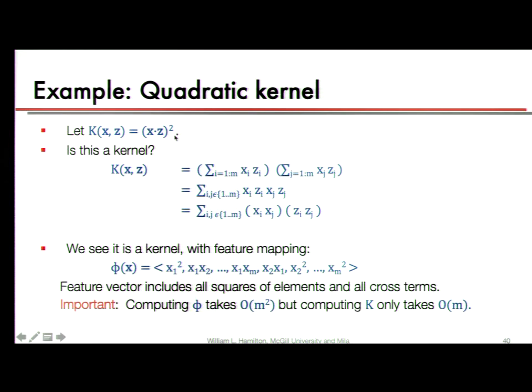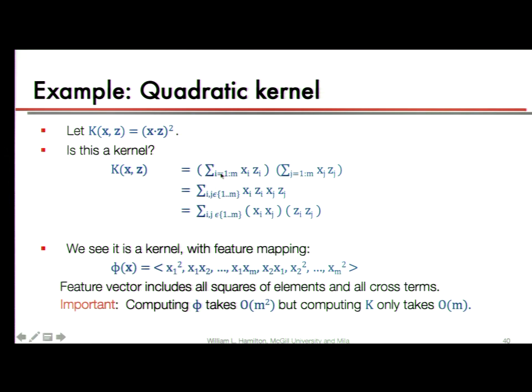But the important thing to note is that we could take our feature vector and take all of these expansions, like we talked about in earlier lectures, where we said we can transform all of our features by taking squares and taking interaction terms. And then we could take the dot product in this higher dimensional space. That would work. That would be just fine.